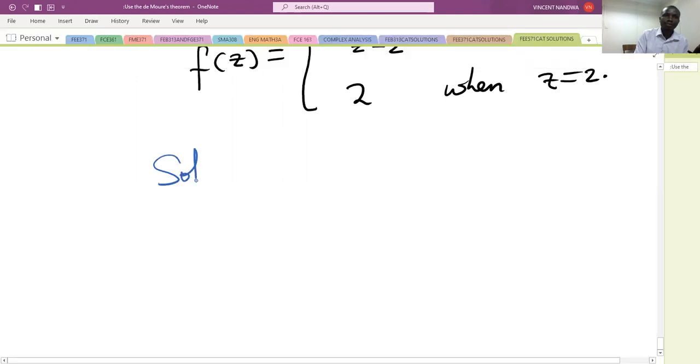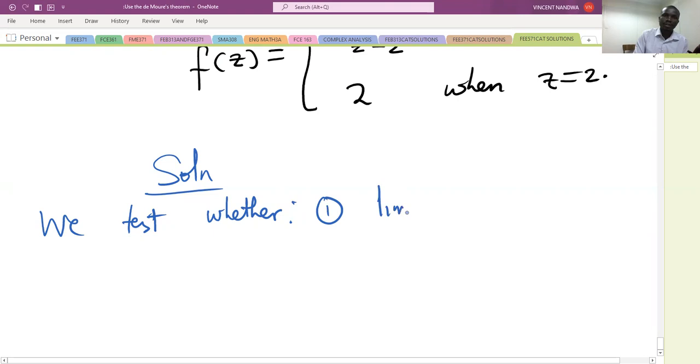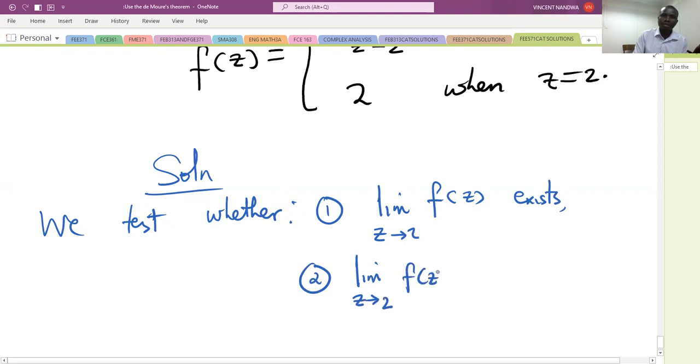So, solution. We test whether, one, the limit as z approaches 2 of f(z) exists, and then number 2, the limit as z approaches 2 of f(z) equals the value of the function at 2, which is equal to 2.